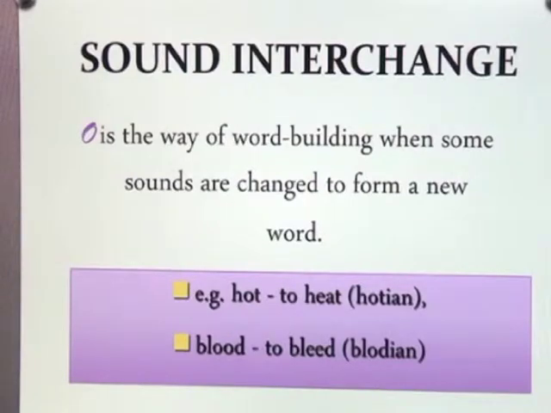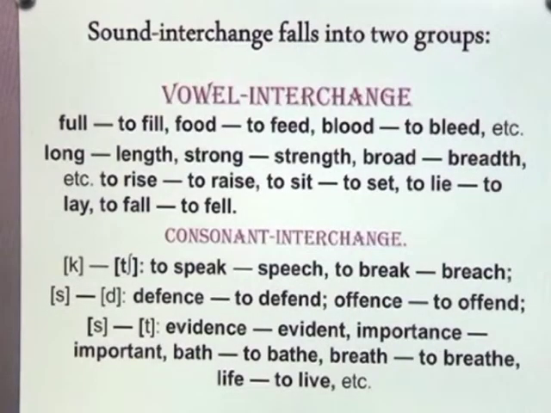Sound interchange is the way of word building when some sounds are changed to form a new word. For example, hot to heat, blood to bleed. And here you can see the examples of sound interchange. They can be the examples of vowel interchange and consonant interchange.